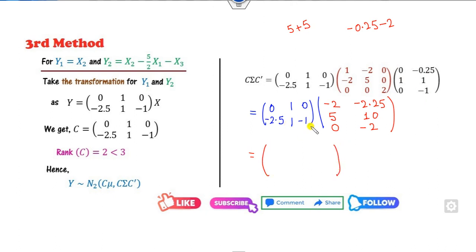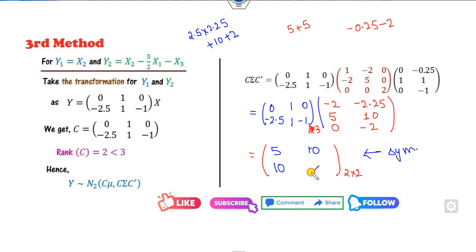What will happen is, sorry, it's 2 cross 3 and it is 3 cross 2, so it will be 2 cross 2. So can you multiply them? This number will be 5. This number will be 10, because it is always a symmetric matrix. Remember, this is always a symmetric matrix, so it should be 10. And the last number will be 2.5 into 2.25 plus 10 plus 2.